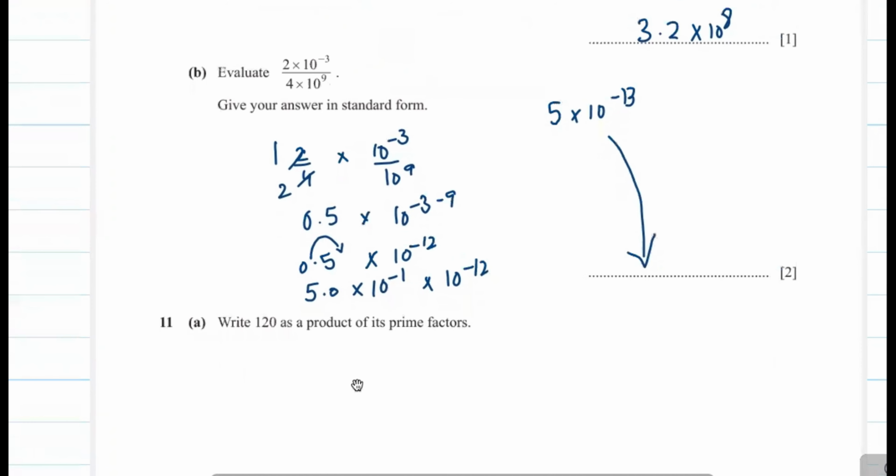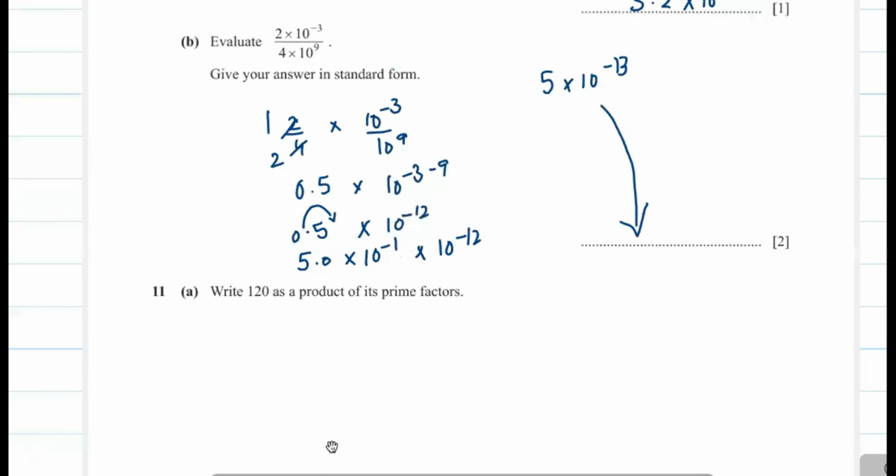Next is part A: write 120 as a product of prime factors. Now you take the prime factors here. Now we write 120. Now 2 times 60 is 120, 2 times 30 is 60, 2 times 15 is 30, and 3 times 5 is 15.